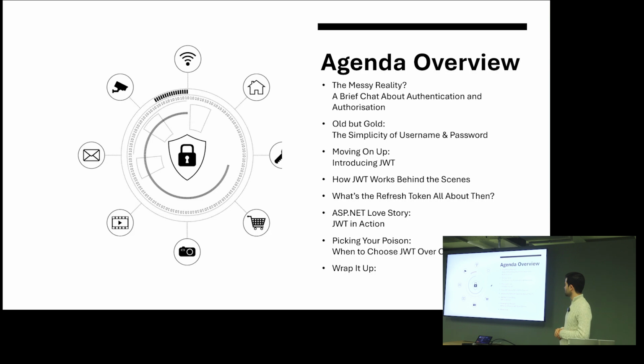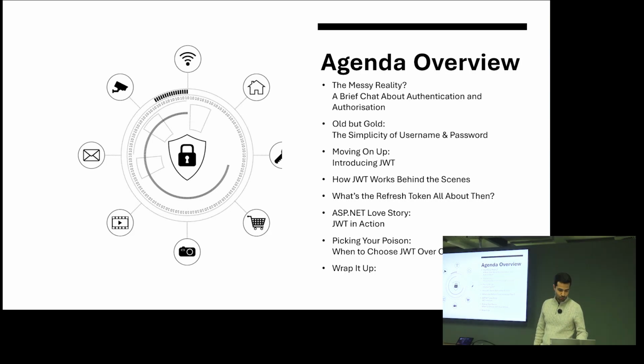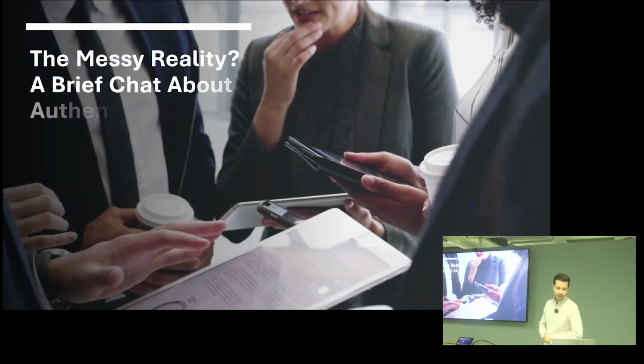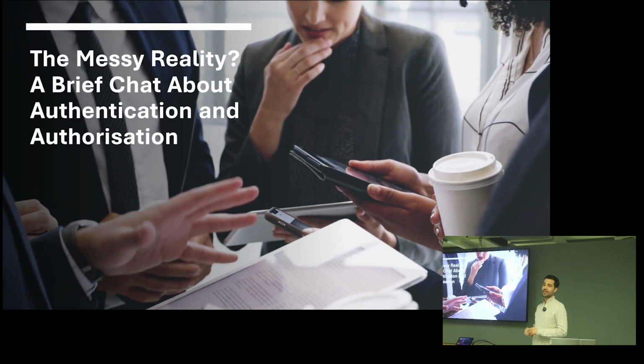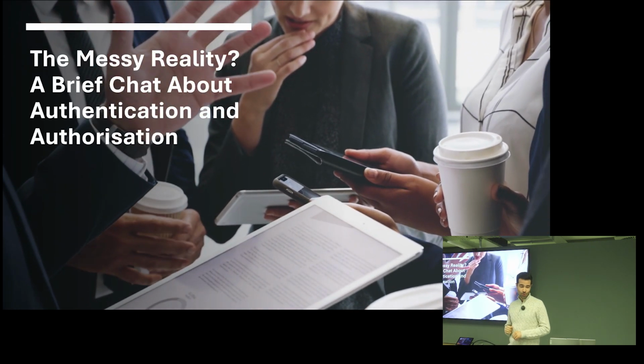After that, we are going to talk about the refresh token, what its role is, and then we see how we can implement JWT in our ASP.NET application, which is really a love story, isn't it? And finally, we will talk about the pros and cons of using JWT, and yeah, that's the end of our talk. So first stop, the messy reality of security and authentication and authorization.